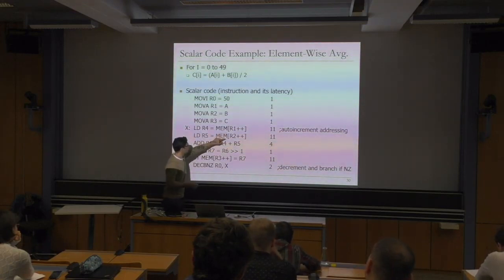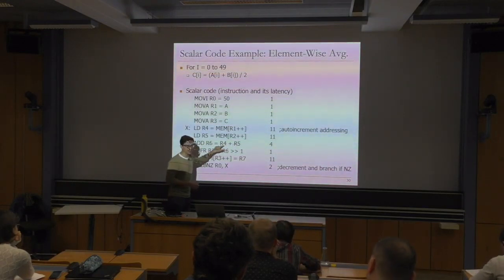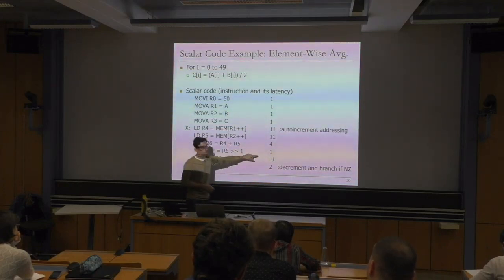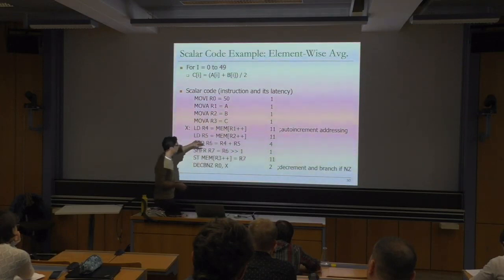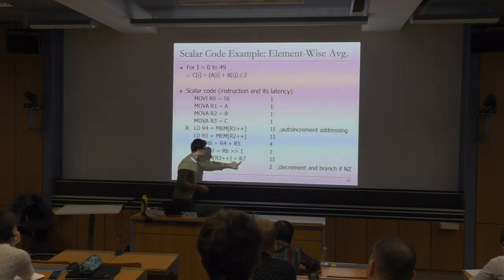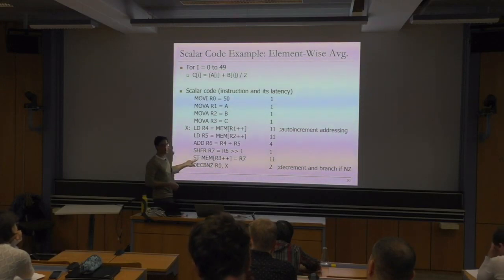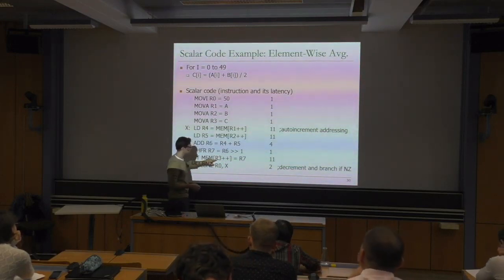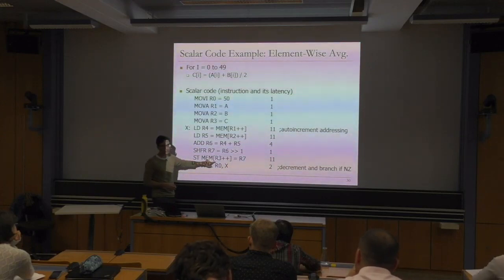We do the same for R2, which in this case is array B, and now we add the contents of these two registers, R4 and R5, store the result in R6, and then we shift right because we want to divide by 2, right? And then the result in R7 is what we write into memory. We store into memory in whatever address is determined by register 3.